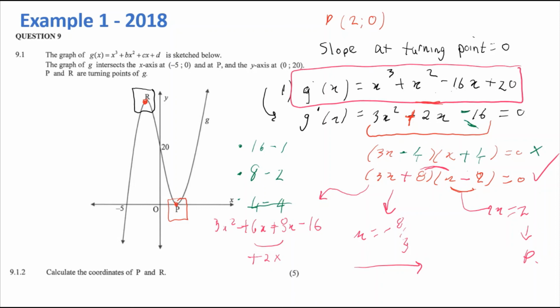So I calculate here g of minus 8 over 3. And that is 1,372 over 27. And so the coordinates of R is minus 8 over 3 and 1,372 over 27. Cool.